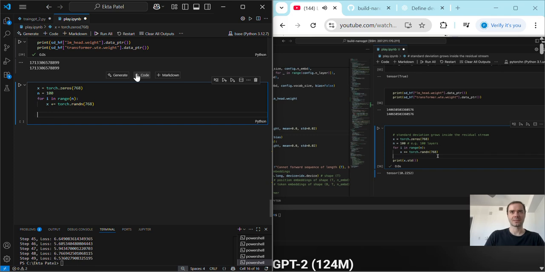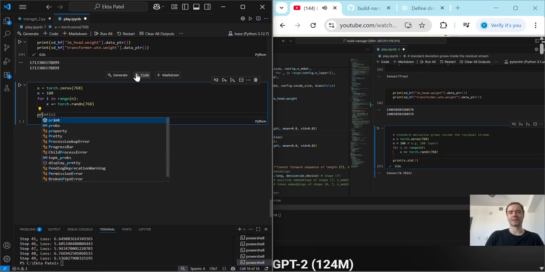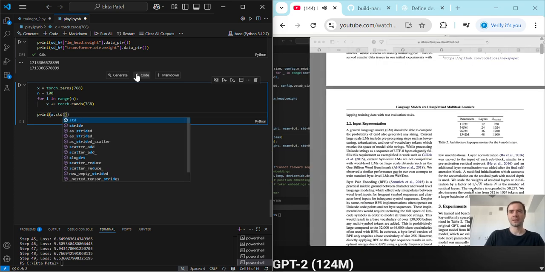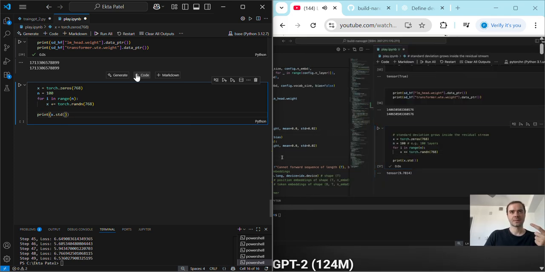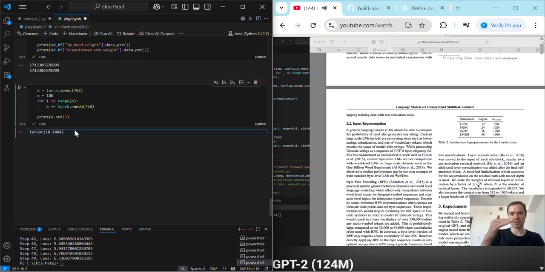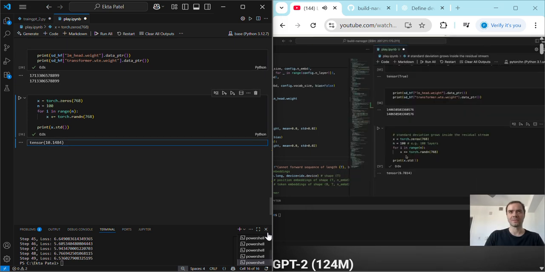And that's just because we're always adding these numbers. And so this scaling factor that they use here exactly compensates for that growth. So if we take n and we basically scale down every one of these contributions into the residual stream by 1 over the square root of n.